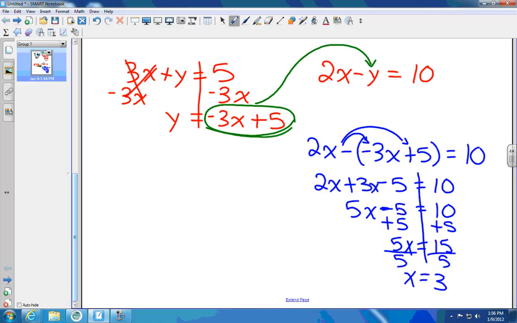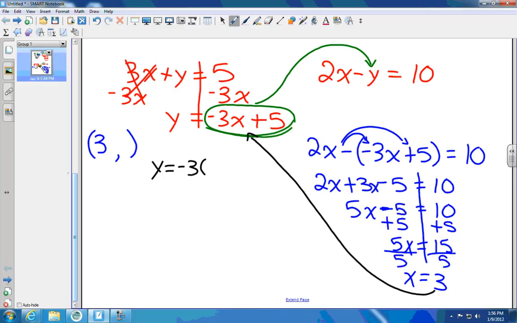And again, looking for an ordered pair. We know the x is 3. We need to find the y. What's the last step? So we bring this 3 back to that one that we solved for in step 1. So y equals -3 times 3 plus 5.